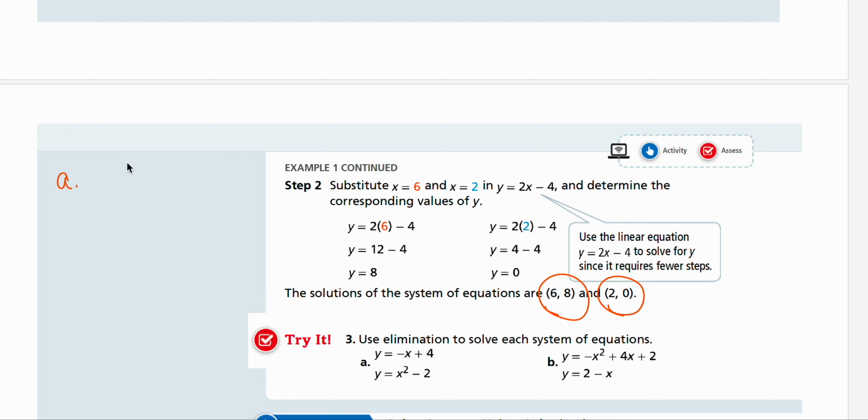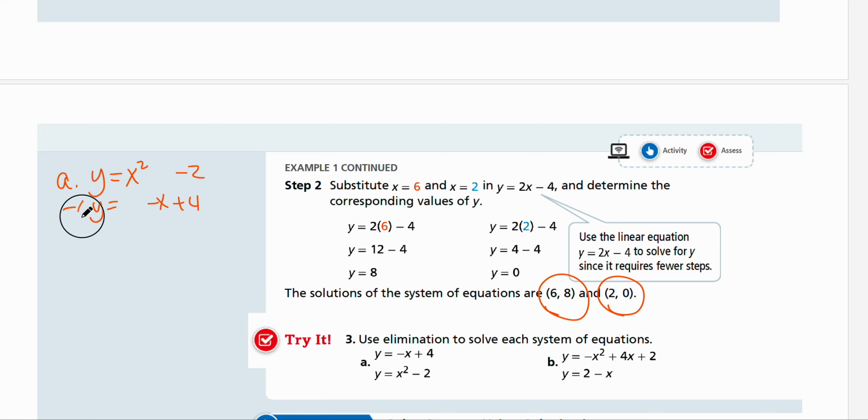We're going to subtract the quadratic first. I'm going to write the quadratic equation first because it makes it simpler, and the quadratic has more terms, right?